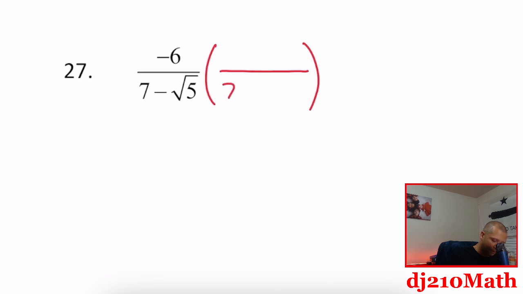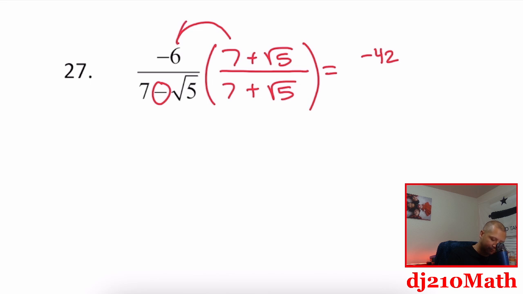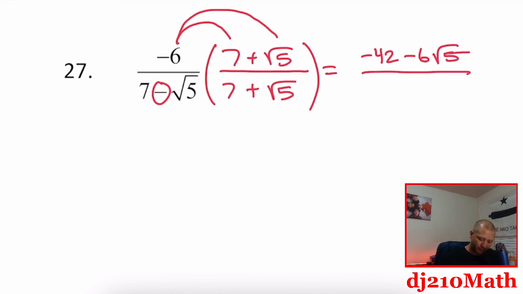All right, hopefully you got the conjugate pair of 7 plus root 5. It's the exact numbers, but with the opposite symbol. And whatever that is, I have to do top and bottom. So distributing, negative 42, negative 6 root 5, all over 7 times 7, 49.